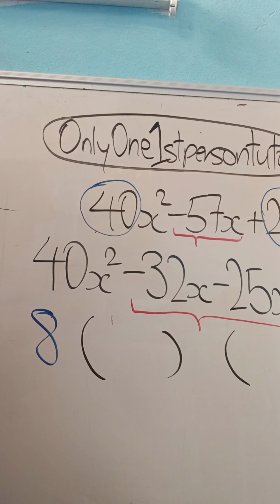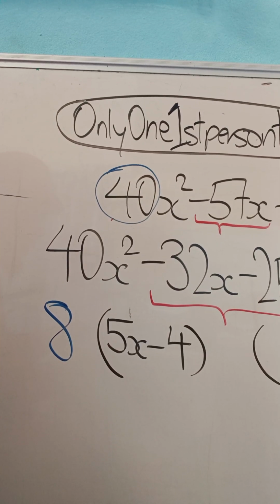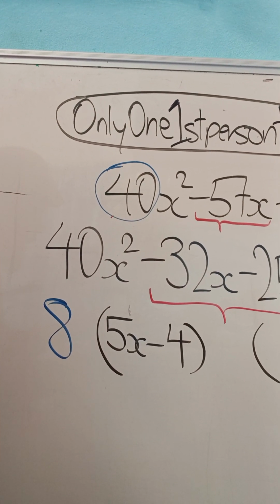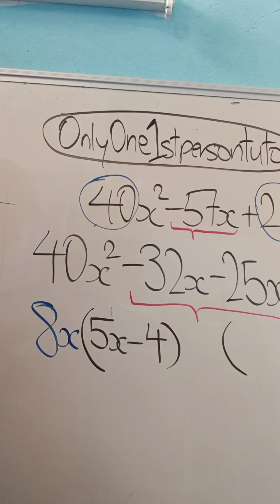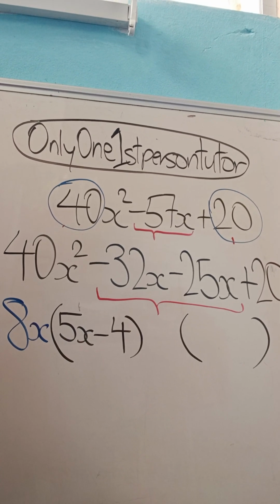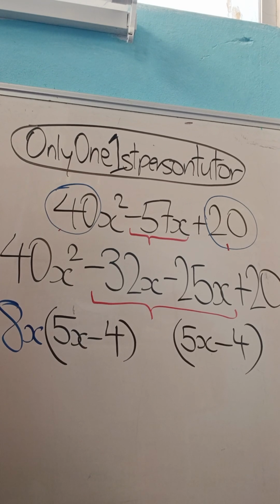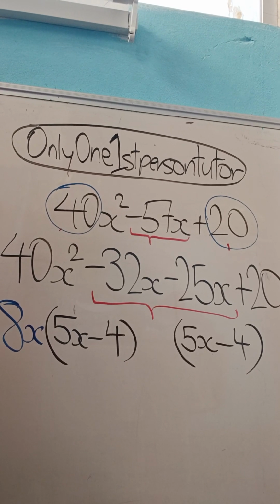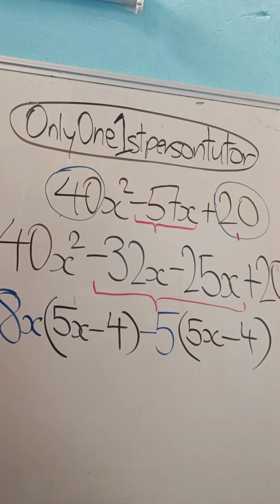Why don't we divide 40 by 8 and 32 by 8? So if we divide minus 32x by minus 4, we will get a positive 8x. And then of course we can copy and paste the 5x minus 4 over there. And if we divide minus 25x by the 5x, the outside will be a minus 5.